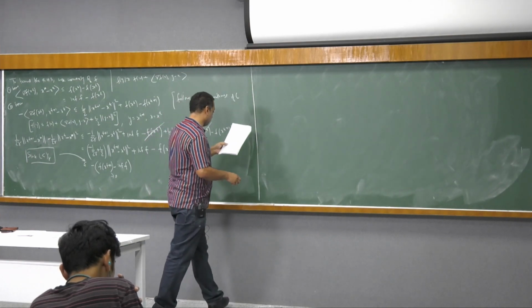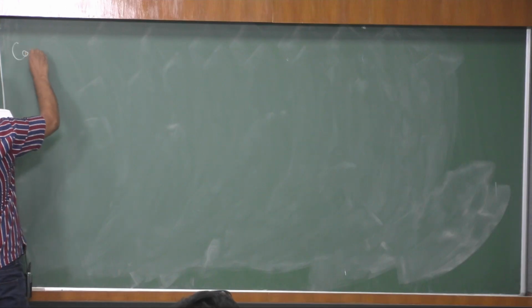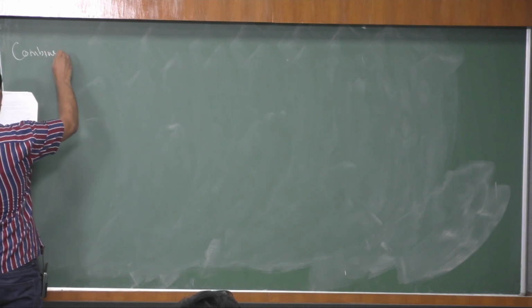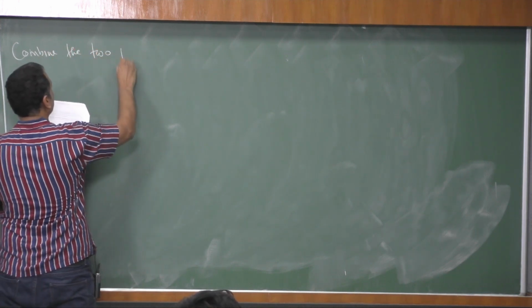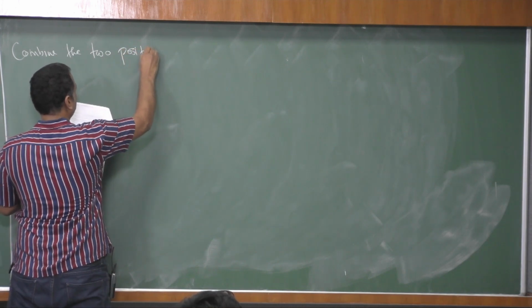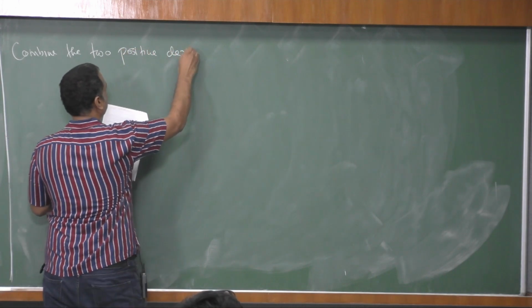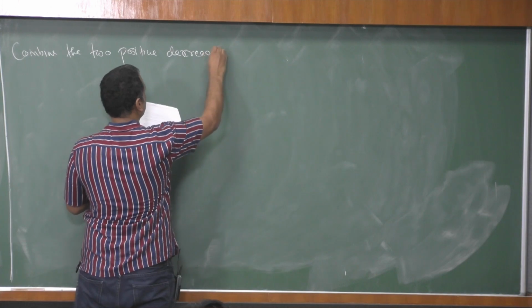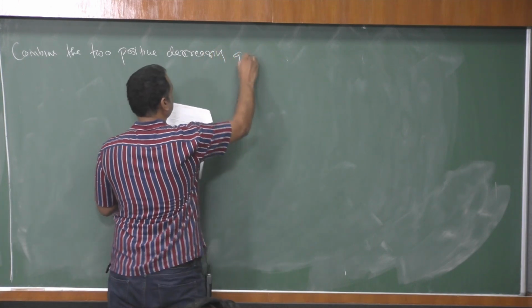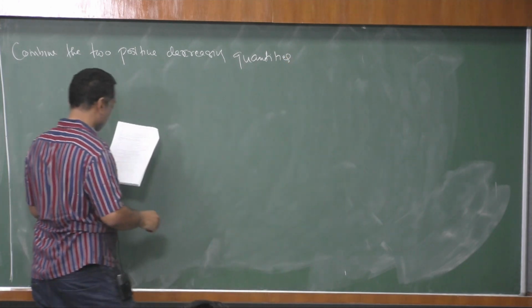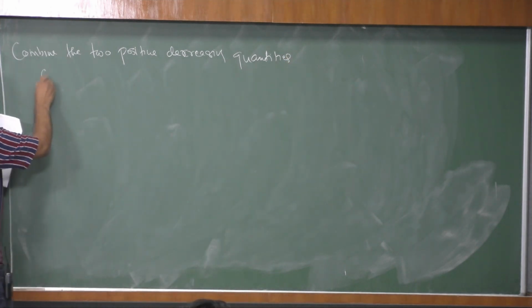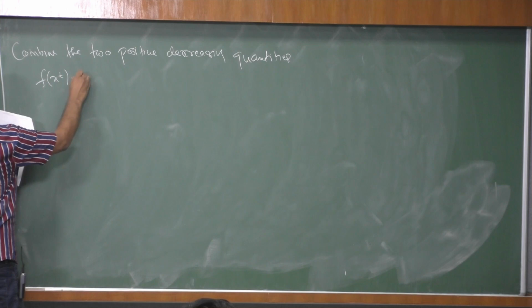Now combine the two positive decreasing quantities. We have already proved that f(xt) minus infimum of f is decreasing.